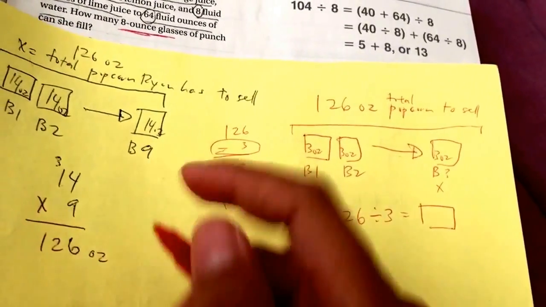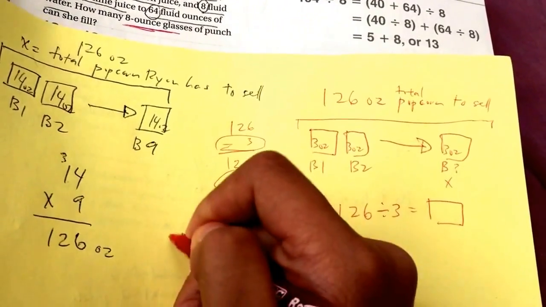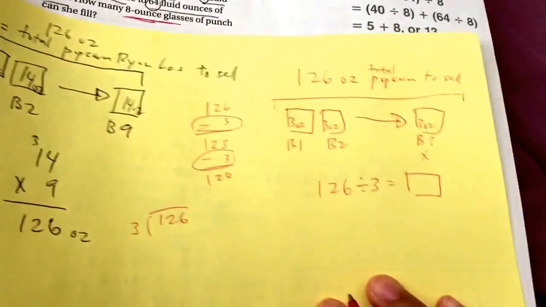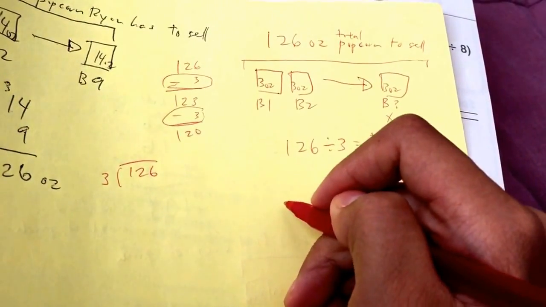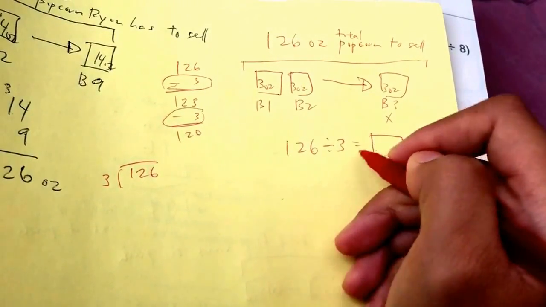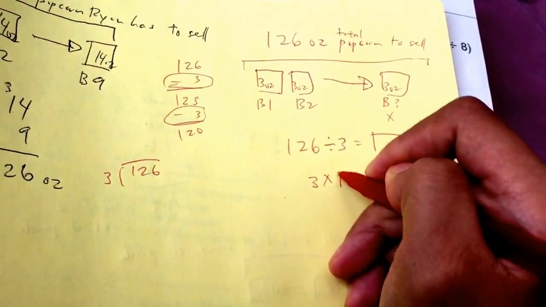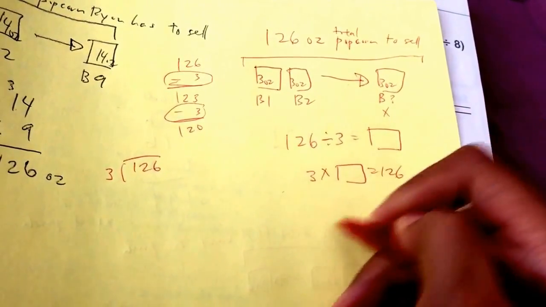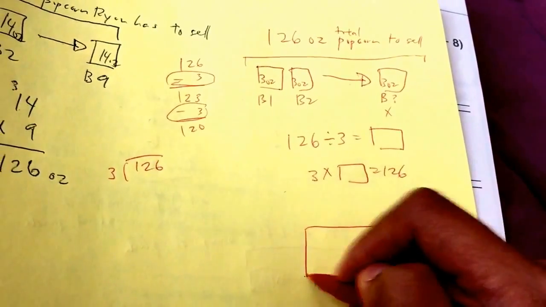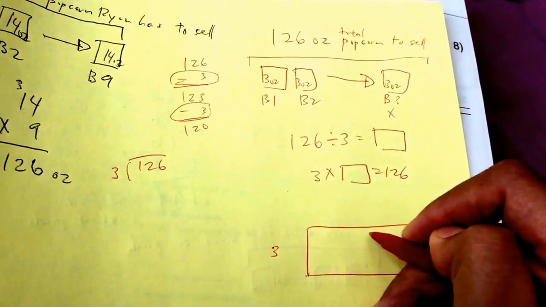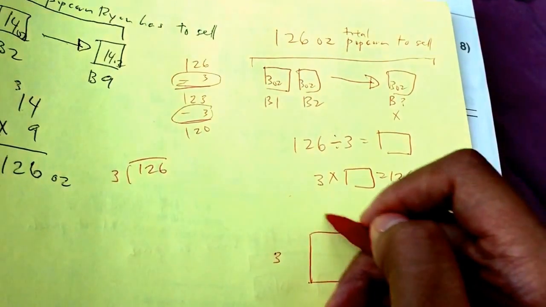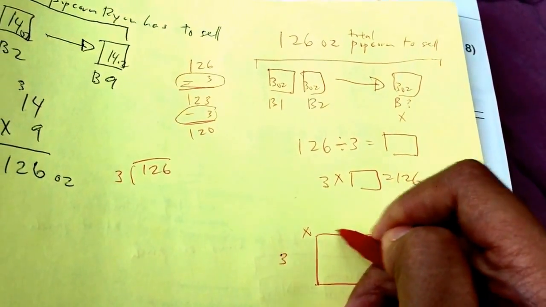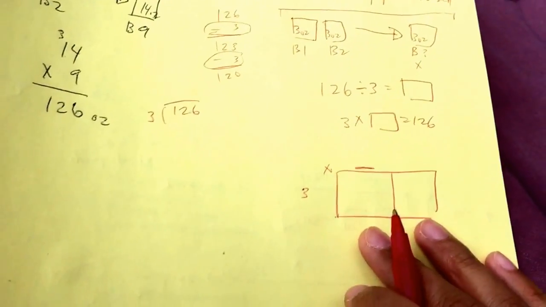Again, with the other problem, if you know how to divide 126 divided by 3, knock yourself out. I'm going to go using the distributive property. So this is the same as 3 times something equals 126. Now, when we multiply this number, we want to get close to 126.